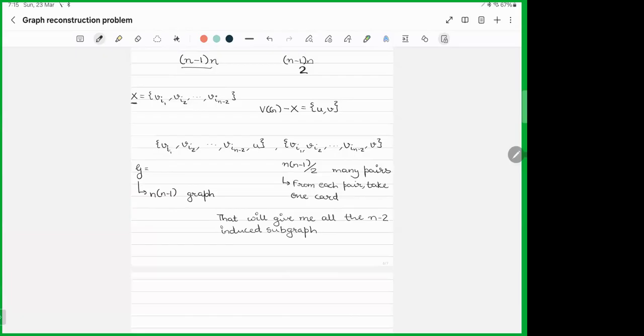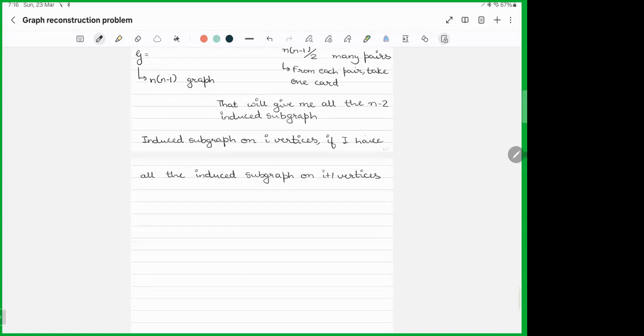So using a similar idea, we can find the induced subgraphs on i vertices if we have all the induced subgraphs on i plus 1 vertices. So what is the idea for that?